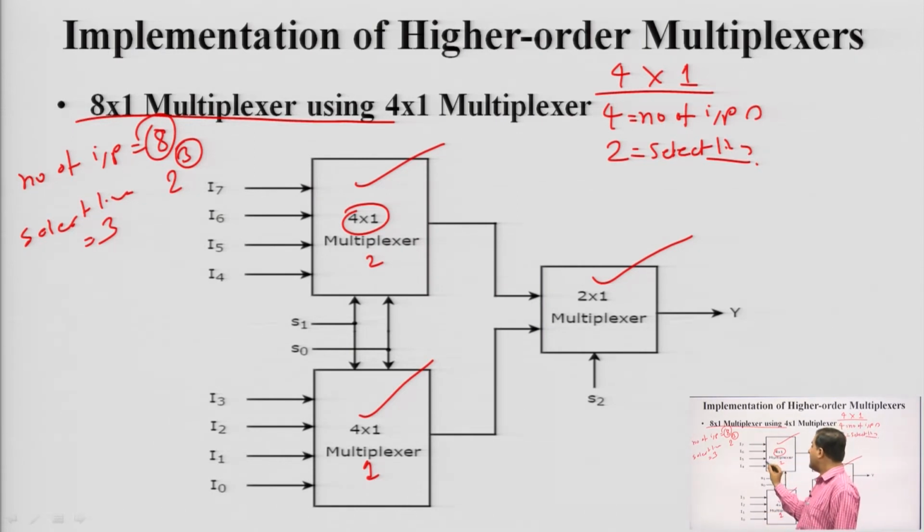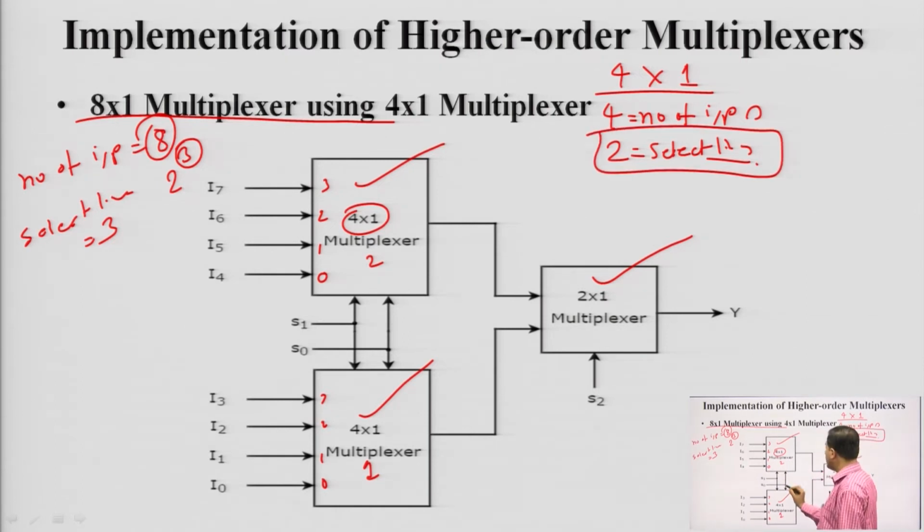But here these 4 inputs are 0, 1, 2 and 3, and these are also 0, 1, 2 and 3, got it. Now, we have 2 select lines for the 4 cross 1 multiplexers. So, S1 and S0 are joined like this, and these 2 outputs are coming to the 2 cross 1 multiplexer, because here there are 2 inputs, 0 and 1, and it has one single select line.